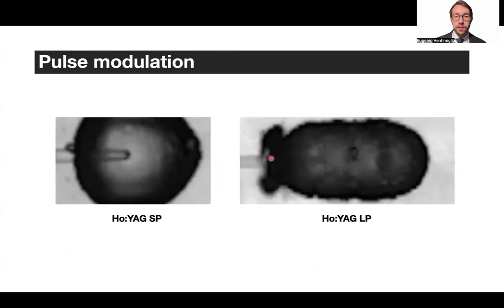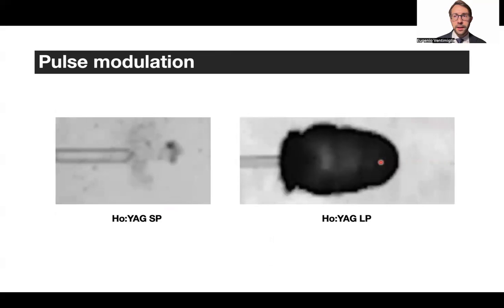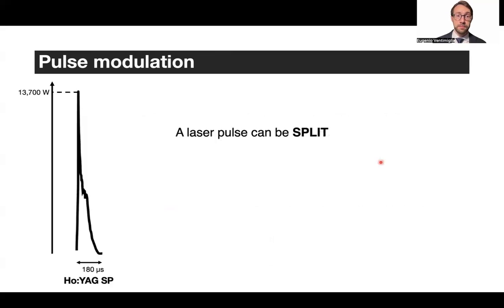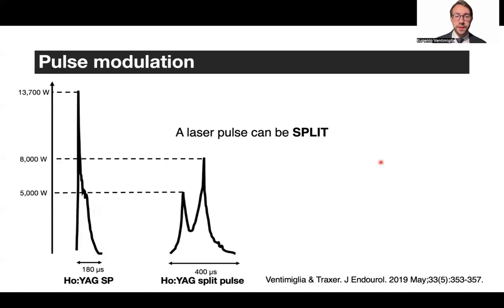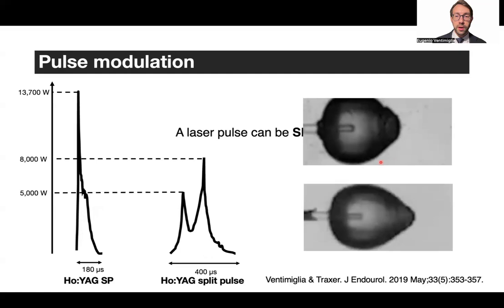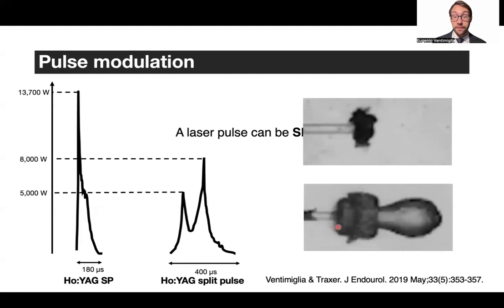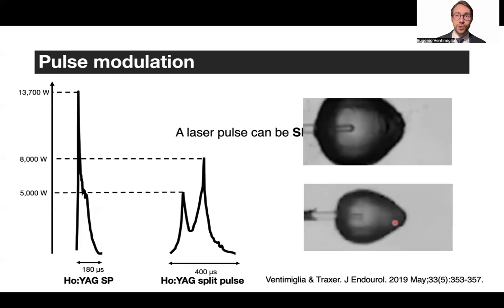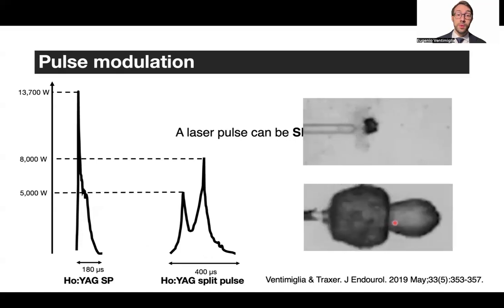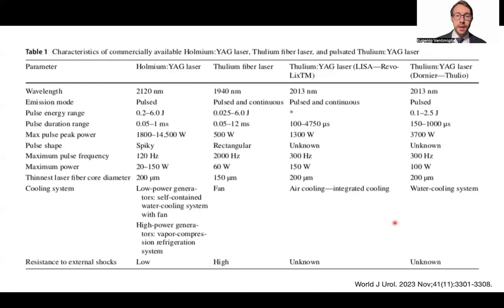When you have a long pulse, the bubble is longer and a little bit less explosive. We also know that a laser pulse can be split, which means, like we've seen before, that the peak power will be lower and the delivery of the energy will be a little bit longer and more gentle as compared to holmium YAG. I'm leaving this as a quick recap of the laser characteristics.